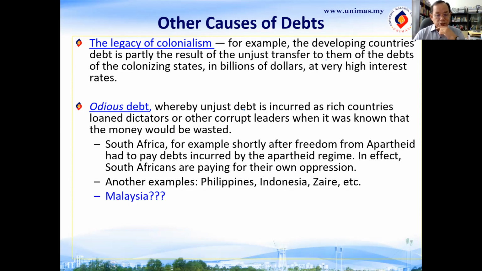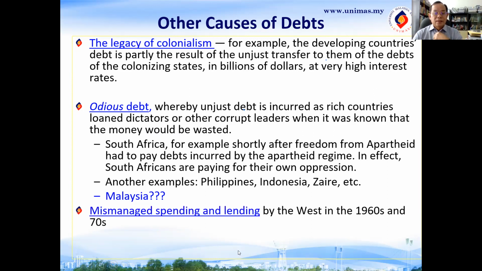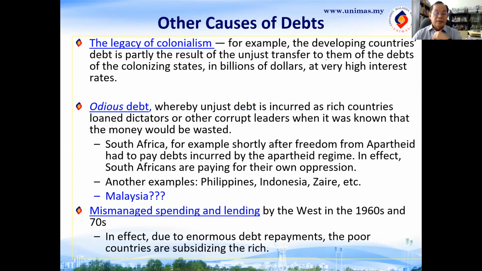Malaysia, I just put a question mark there. If you read some recent history of Malaysia, it also shows similar problems. The other cause of debt is also mismanaged spending and lending by the West in the 1960s and 70s.